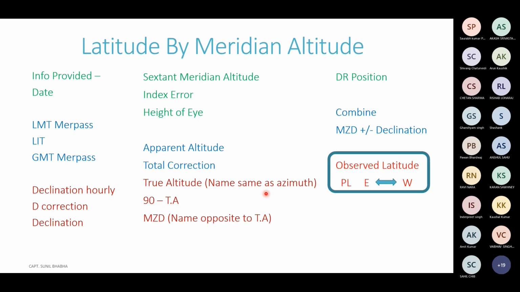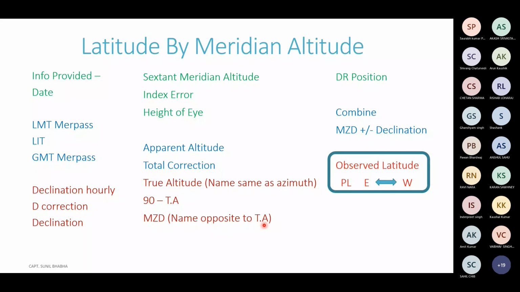We can easily identify and find out what is the name of the azimuth, or in which direction the body lies. So again, I'm emphasizing that naming the true altitude and naming the MZD is not fundamental. It is not fundamentally done. True altitude and MZD are not given any names.